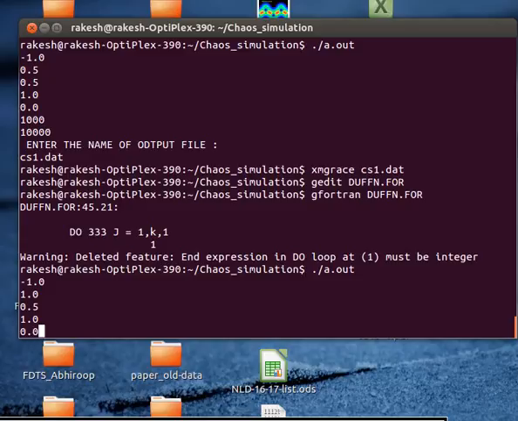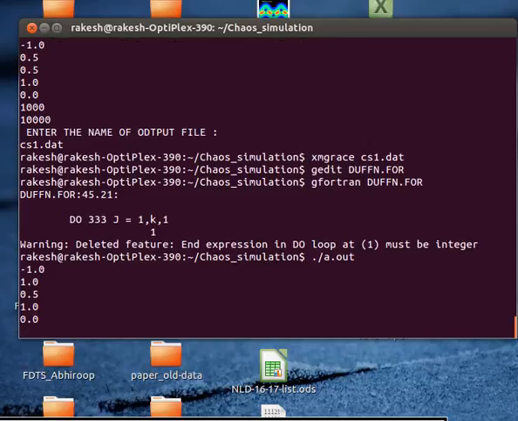Initially I will take 0. Then k is the number of iterations, let's say it's 10,000.